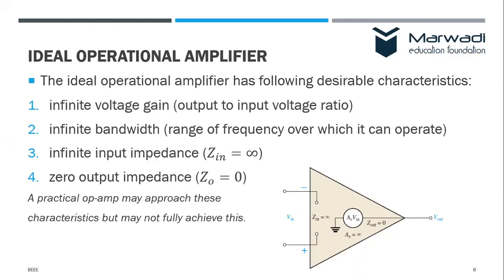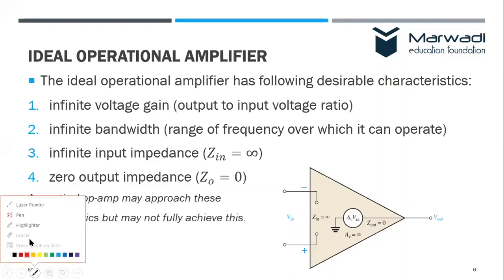Okay, that means the input impedance is infinite. That means here it behaves as an open circuit. And why do we need infinite input impedance? Because there will be an input signal here, right?